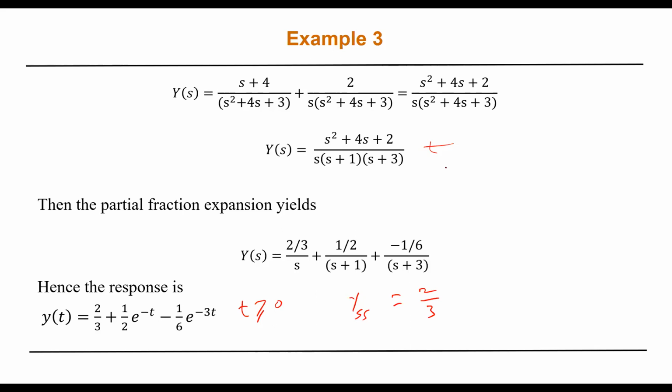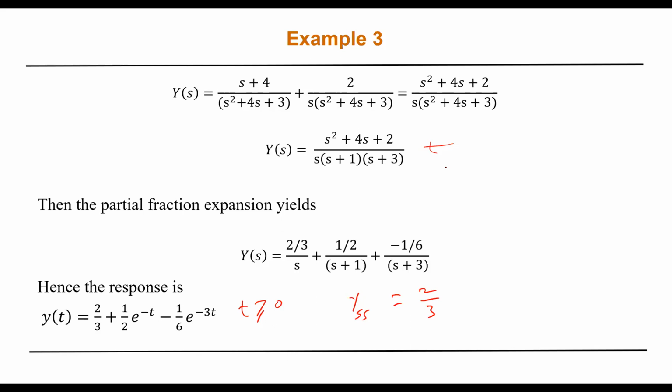Doctor, sorry, but what do we mean by steady state? Steady state is when the time becomes very large, and the system, in this case, is stable and will reach a certain value. You let the system run for a long time. That's steady state.